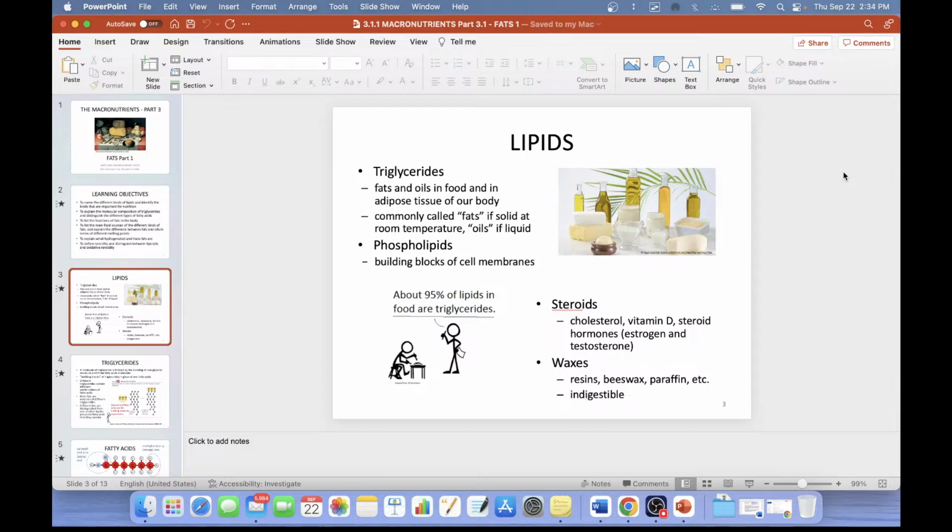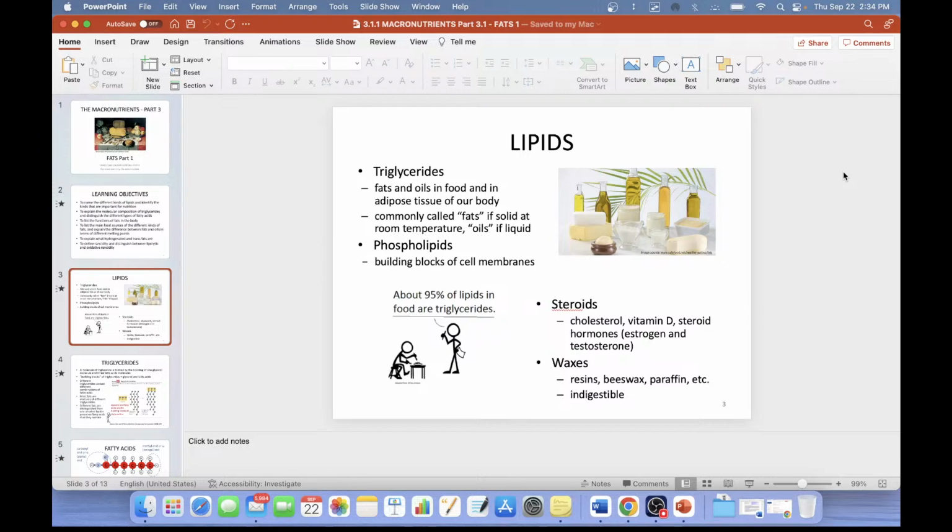We call them fats when they are solid at room temperature. They are typically soft solids, such as butter and lard. And we call them oils if they are liquid at room temperature, like vegetable oils, sunflower oil, olive oil, and so on.